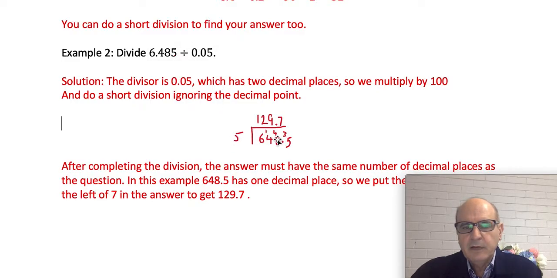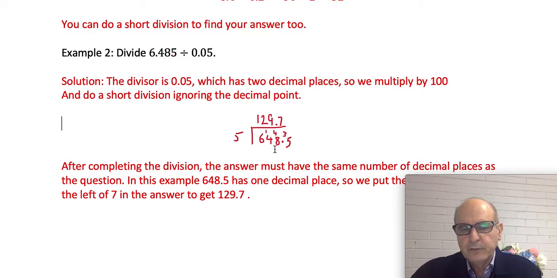Now we divide this as you would divide whole numbers. So 6 divided by 5 is 1 and the remainder is 1. I wrote the remainder here, and that becomes 14. Then 14 divided by 5 is 2 and the remainder is 4.